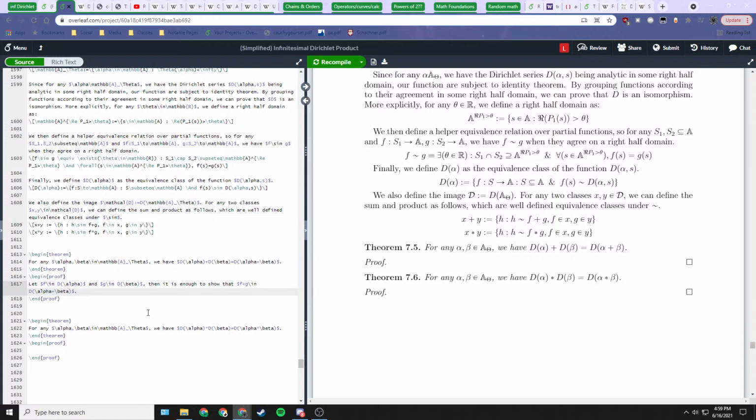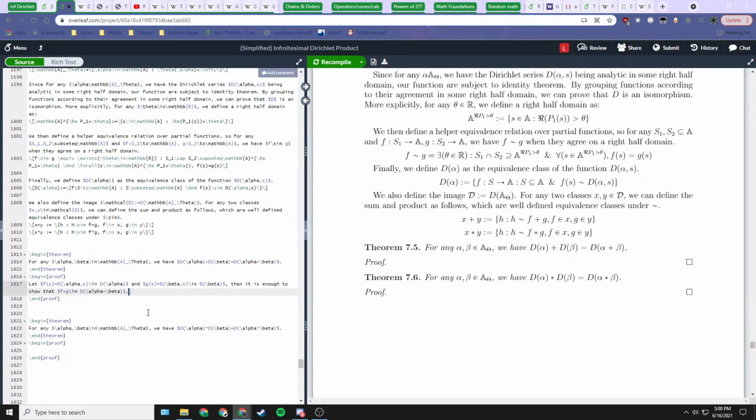So let f of s be equal to D alpha s, which is in D alpha, and g of s equal to the function D beta of s, which is in D beta.